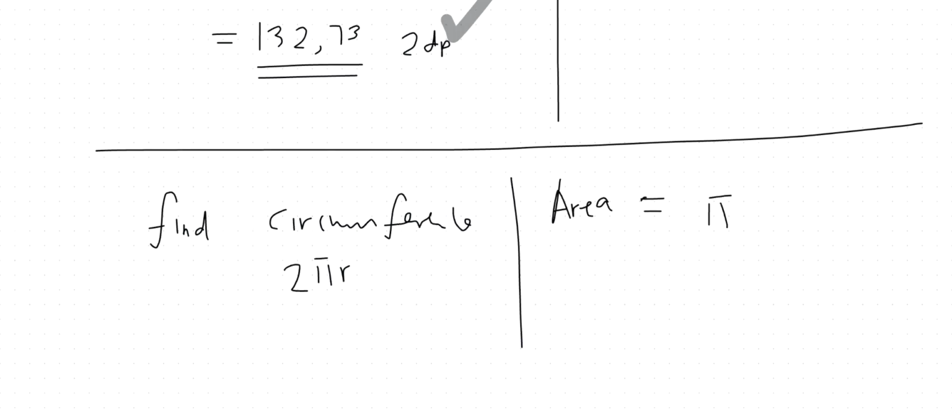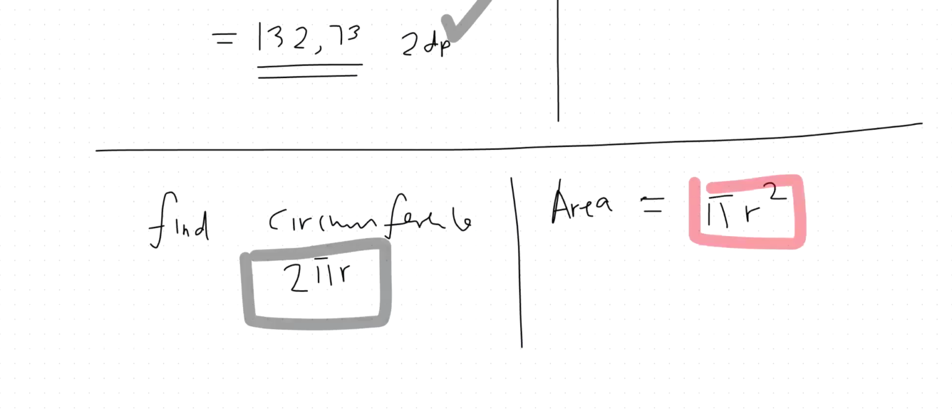These are the two formulas that you need to know. To find circumference, you use 2 pi r. To find area, you use pi r squared.